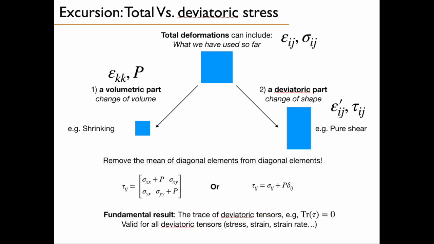So there's a fundamental result here, is that the trace of the deviatoric tensors are 0. So you can easily check this. It's valid for all deviatoric tensors: stress, strain, strain rate tensor.